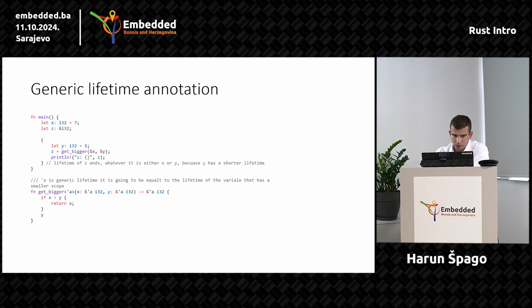So when can we use this actually? In Rust we have something called generic lifetime annotations. So here I have done an example. I have a function called getBigger. Basically it has 2 parameters, references to integer numbers, and it returns the bigger value. So what could be a potential problem here?